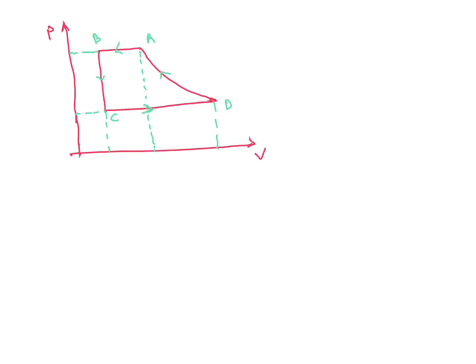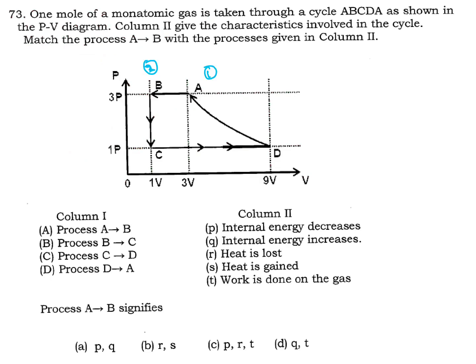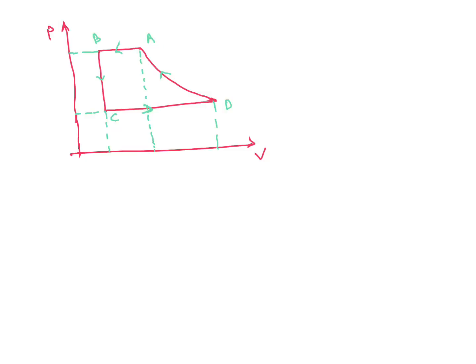Here it's 1V, 3V and 9V, pressure 1P, 3P. So this is 1. Here it's 2. At B it's 2.